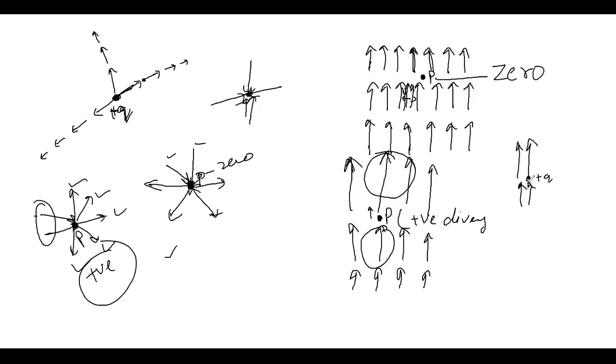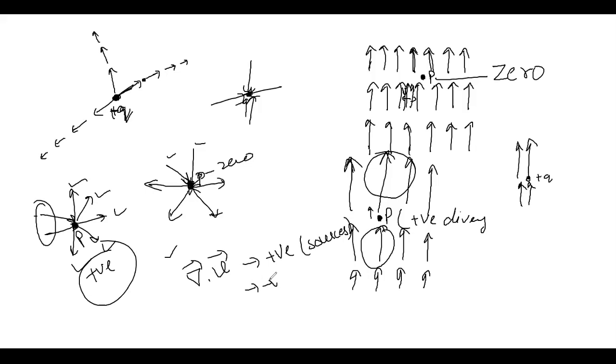So that kind of information about any field, and remember your fields are vector quantities, is given by the divergence. You can have your divergence positive. If your divergence is positive, that particular points are called as sources. If your del dot V for any vector quantity comes out to be a positive number, then those are called as sources.